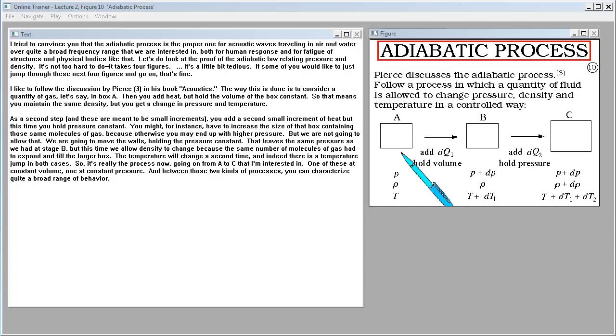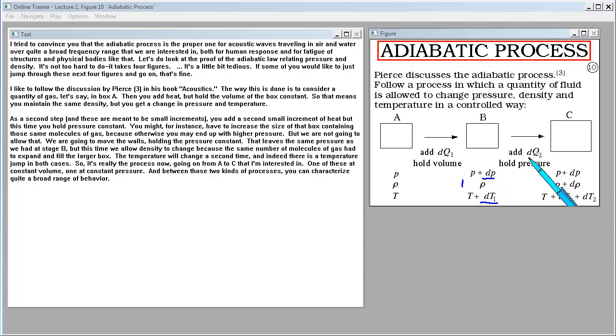The way that this is done is to consider a quantity of gas, let's say in box A, then you add heat but hold the volume of the box constant. So that means that you maintain the same density, but that you get a change in pressure and in temperature.